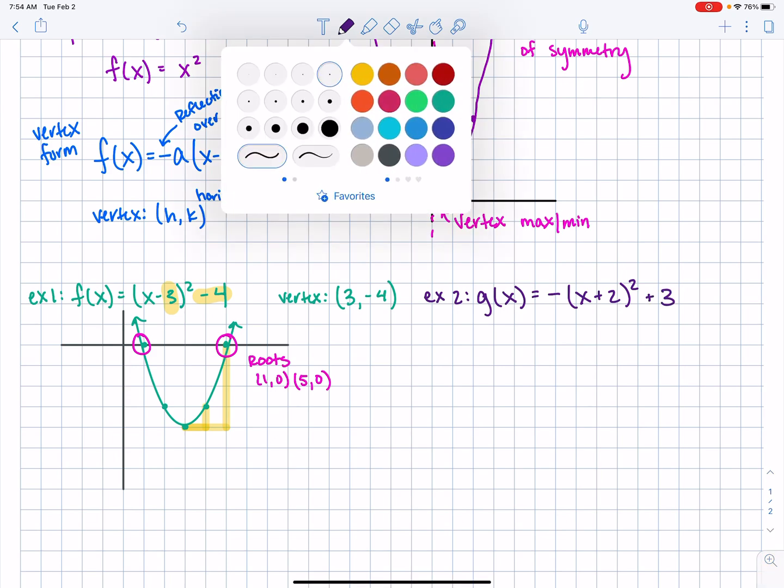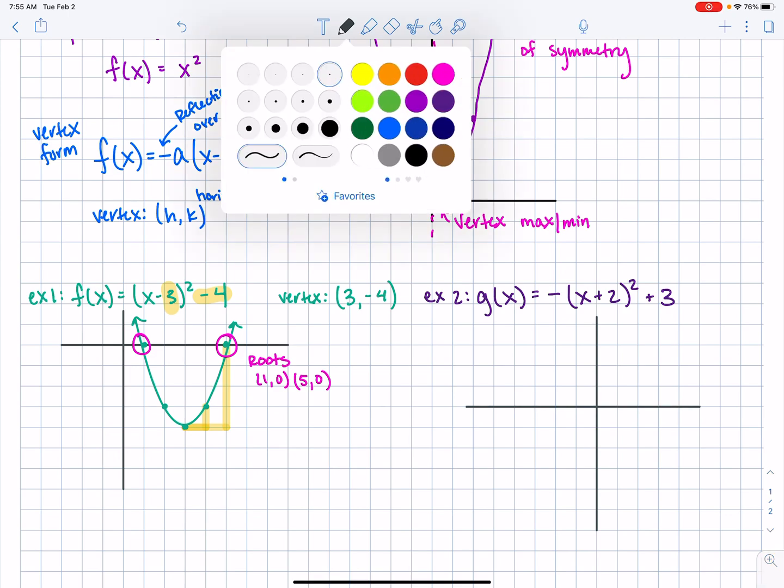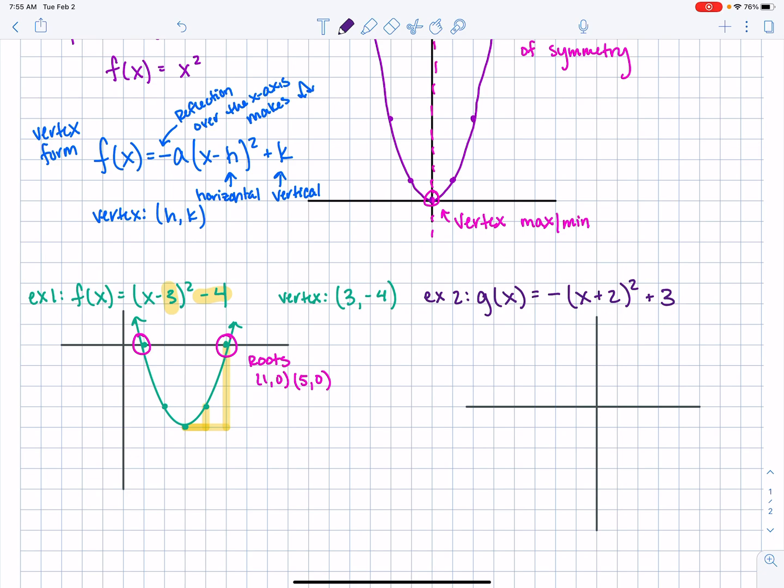I'm going to draw a set of axes here, and give myself plenty of room to work. Okay, so we know that our vertex is at the point (-2, 3). There's our vertex.